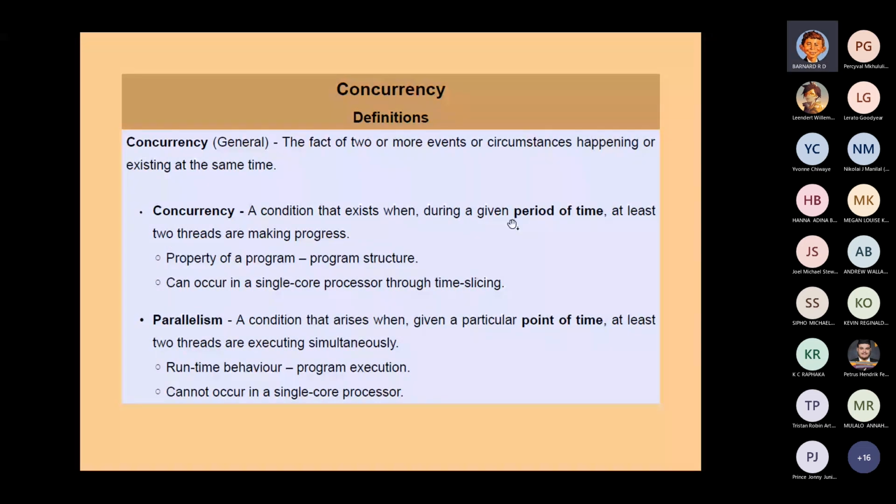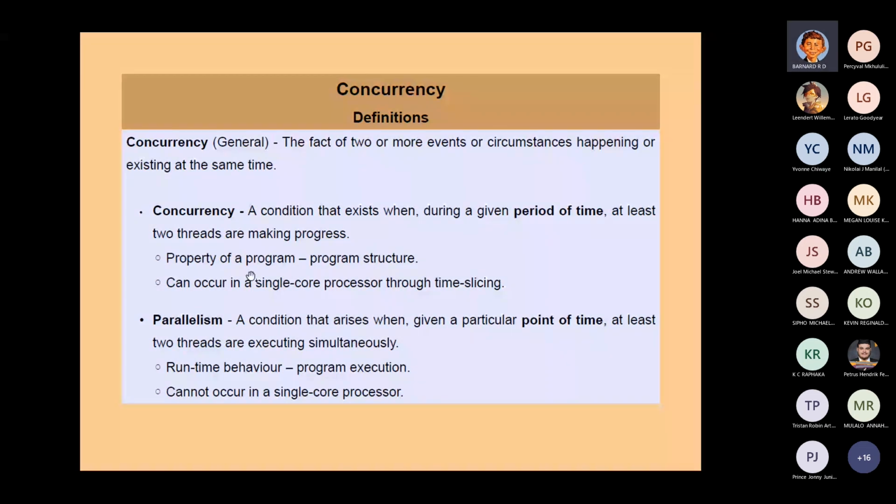So it's in a period of time, it's not a point of time. It doesn't mean that they're both making progress at the exact same point in time. It's over a period of time.